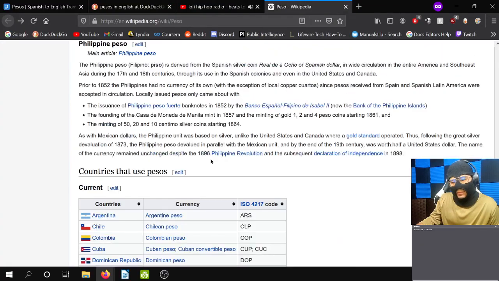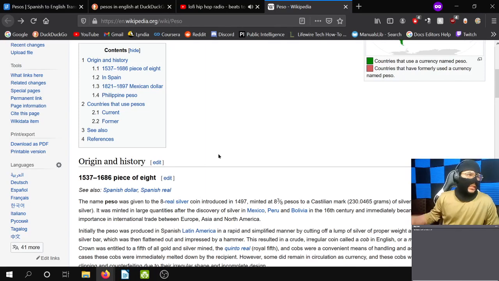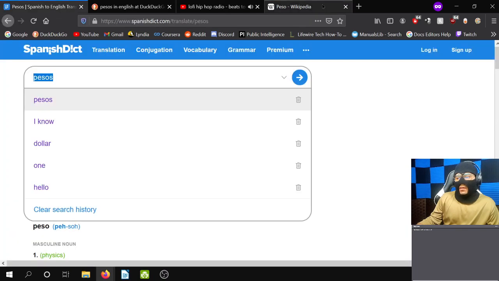But yeah, just remember that in the Spanish speaking world, you will hear the word peso and just know that it is coins next to dollars. So, yeah, peso is something you have to say in Spanish if you're talking about money.